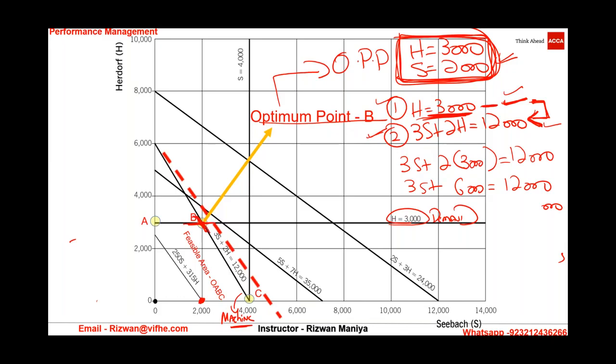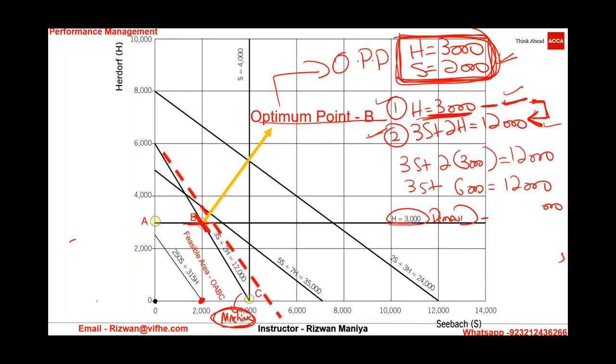So remember that one line is of demand. So here you won't calculate shadow price, but you can calculate shadow price for machine hours, because the optimum point is at this line.